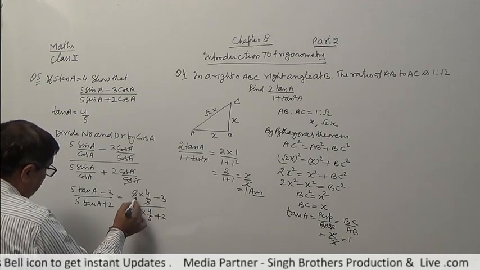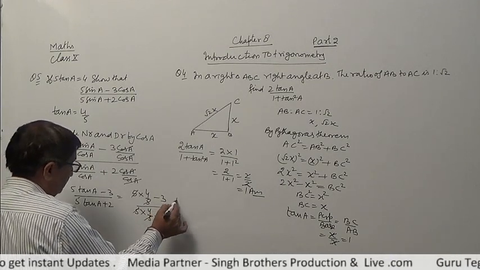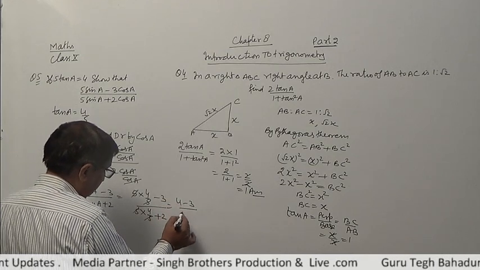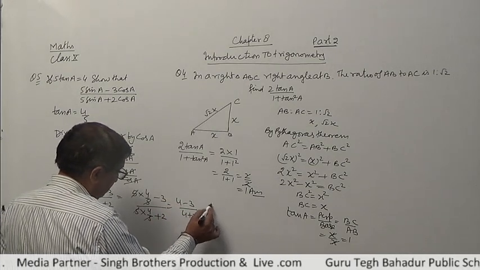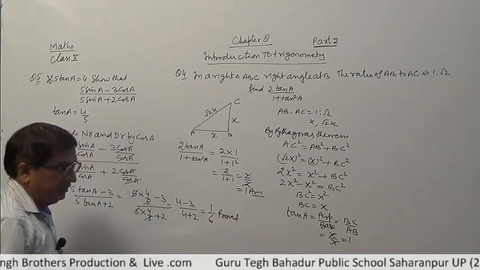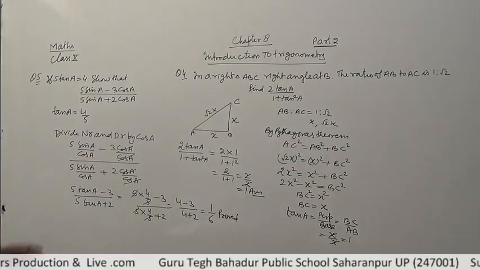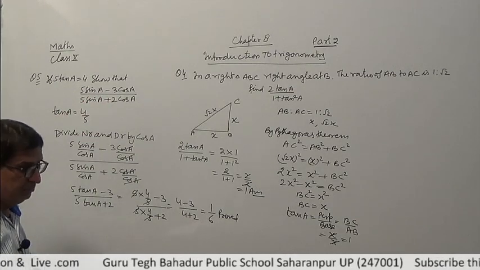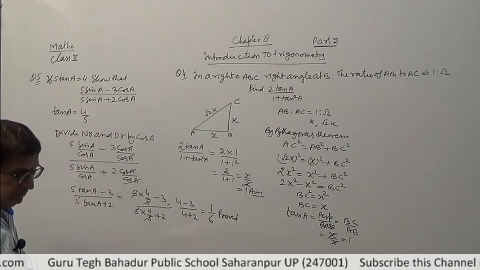Putting it in, the 5 and 5 cancel, and we get 4 minus 3 upon 4 plus 2, that is 1 upon 6. So without finding the hypotenuse, this type of question can be solved this way.